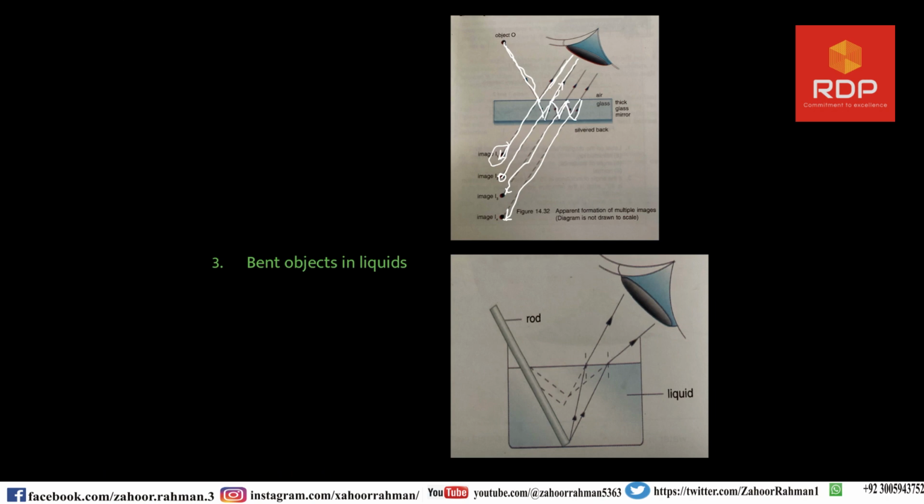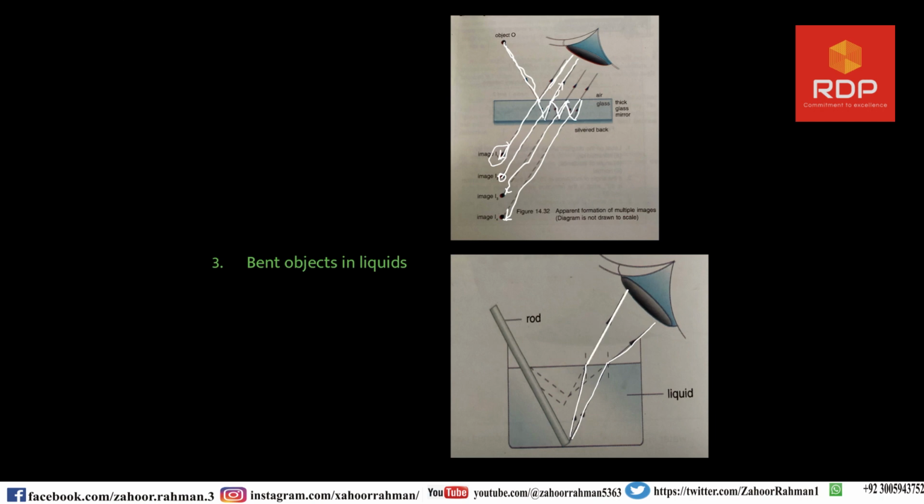How? This is the image from the bottom of this, as I am drawing, because light is moving from the bottom of this object and it will bend away from the normal in this case.